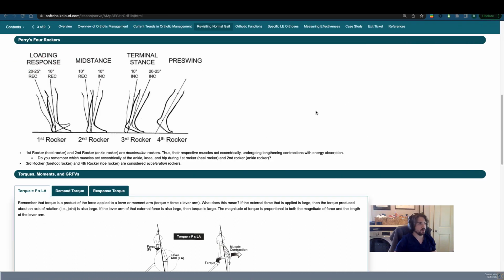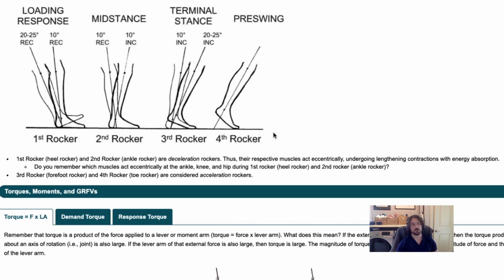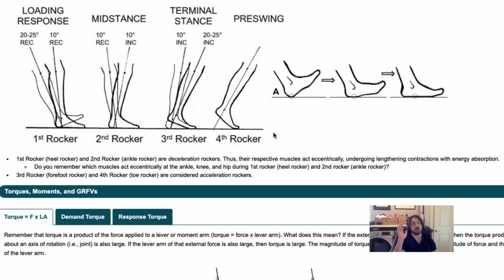Okay, so we will start by taking a look at our rocker function. We'll again review how they function normally, and then we'll talk about the effect of fixing the ankle on our rocker systems. So when we're looking at the whole rocker systems here, you remember our first and our second rockers act as deceleration rockers. So we are falling through space, and our first rocker ends up contributing to shock absorption as the ankle hits the ground.